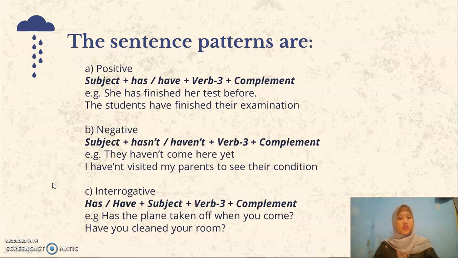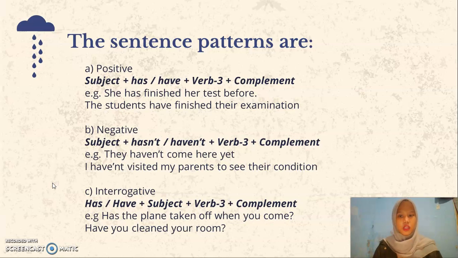The sentence patterns are, for the positive one, subject plus has or have plus verb 3 plus complement. For example, she has finished her test before, or the students have finished their examination.